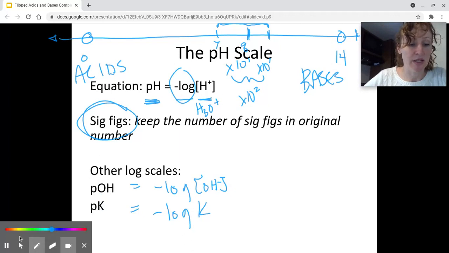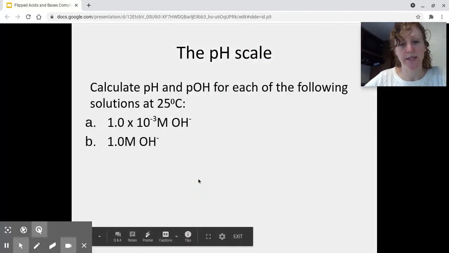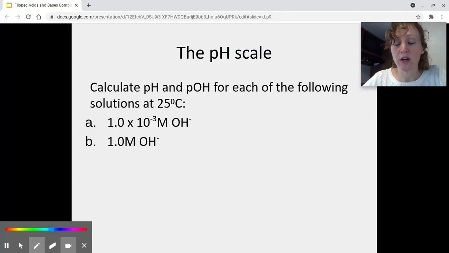Now, these things become very useful to us. Okay, so for example, we can calculate the pH and the pOH for a specific solution if we know the concentration of hydroxide or hydronium, right?